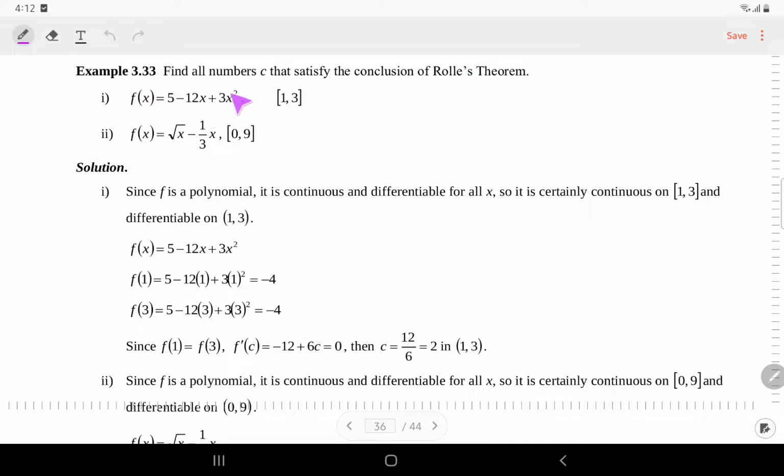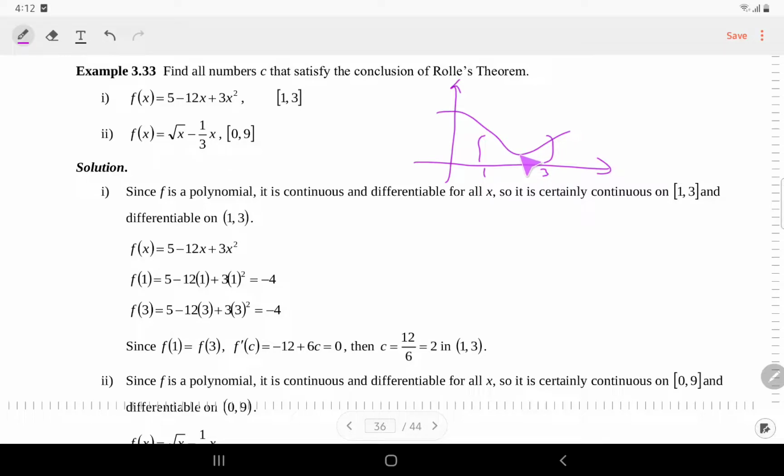So given to you the function and the interval, between interval 1 to 3, let's say kita ada graph kat sini, 1 is here and 3 is here.